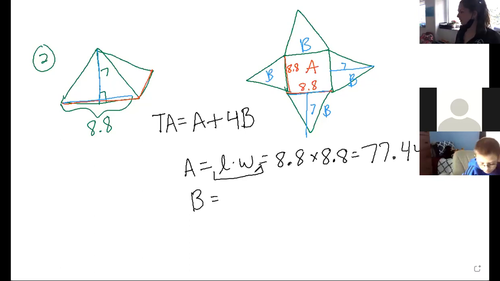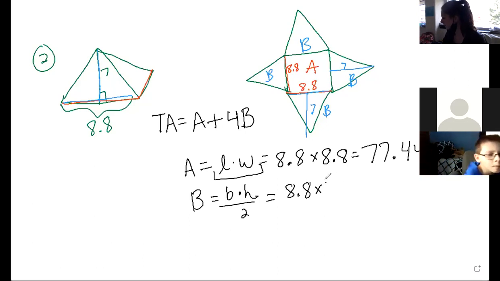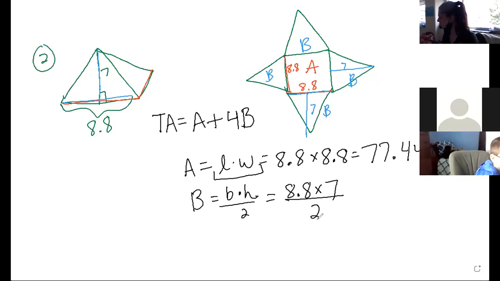Base times height divided by 2. Okay, so the area formula for a triangle is a bit different. Make sure you have this down. What is the base of one of these triangles? 8.8 times, what's the height? 7. And then we will divide that figure by 2.